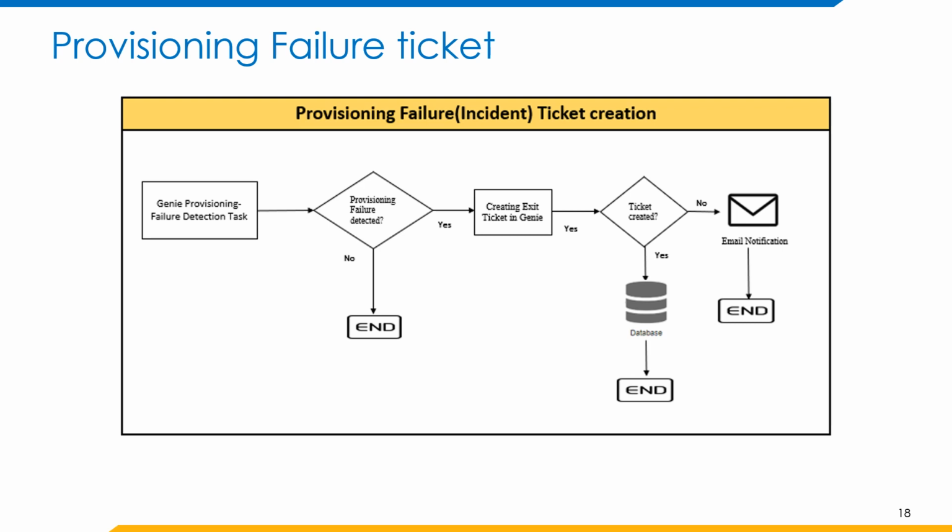Then using the create incident API, we create one ticket per application specifying the provisioning failure details. If the ticket is created successfully, details of the created ticket like incident number, request ID, creation date and summary are fetched from Genie using get a specific incident ticket details API, and these details are then added in the Genie tickets table of the database.